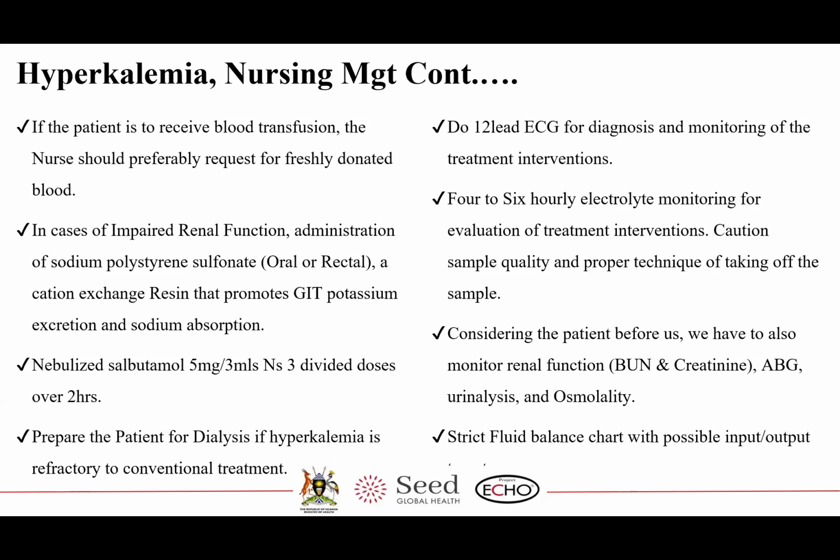Then the other thing is you need to ensure that you have strict fluid balance monitoring. We are giving our patients diuretics, and you may dry up the patient and instead cause other electrolyte imbalances like hyponatremia. So you need to have a strict fluid balance, and you need to have targets for what you expect to give out from your patient and the maintenance.